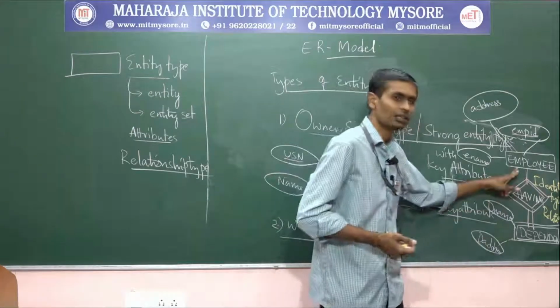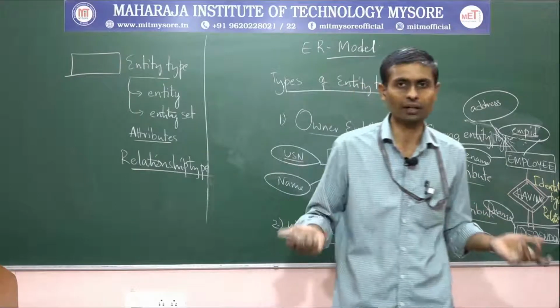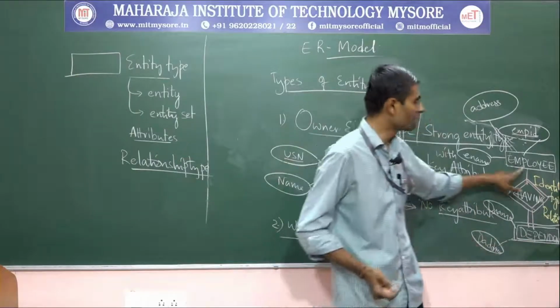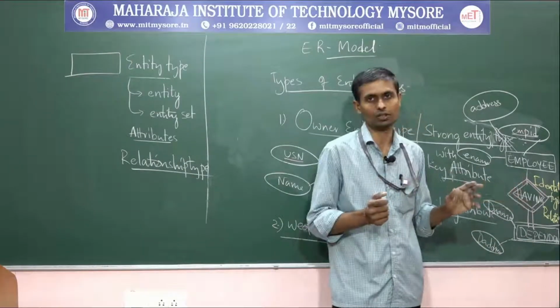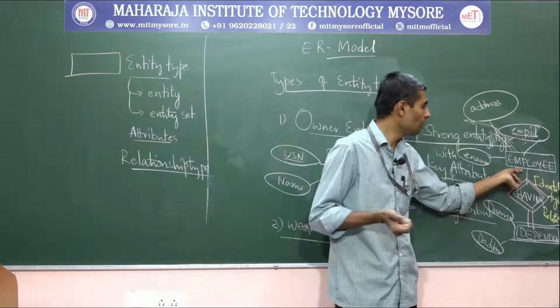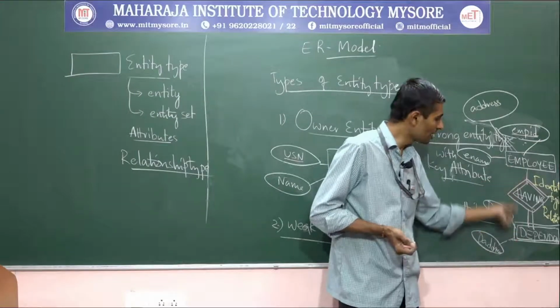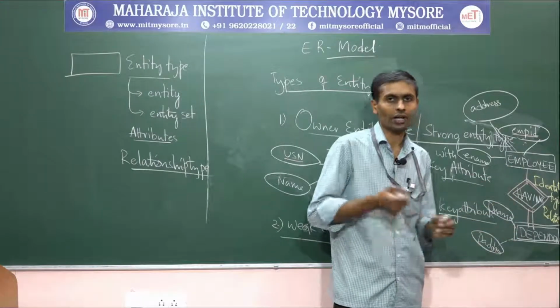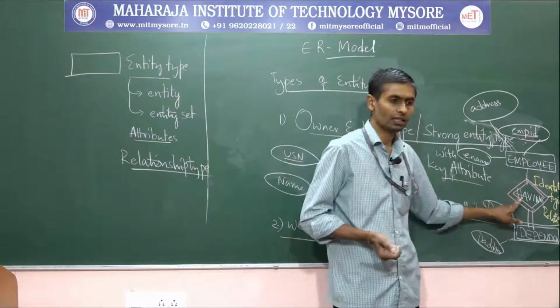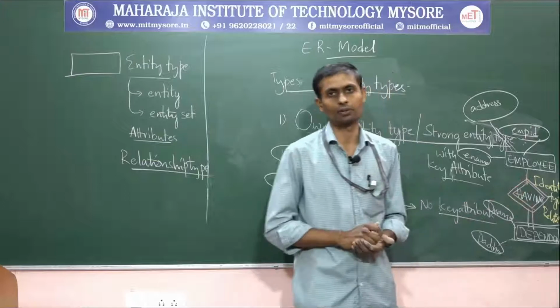Here there could be a possibility that a few employees may not have any dependents. During that time we call it partial participation, because if an employee doesn't have any dependents, we will not draw any line associating it with the dependent through this relationship type.